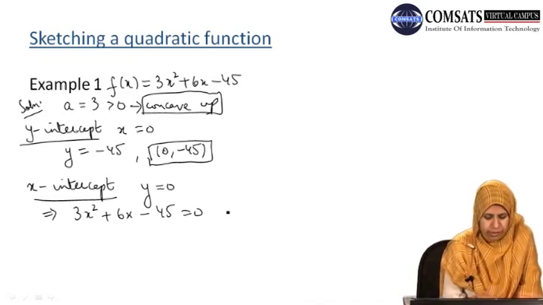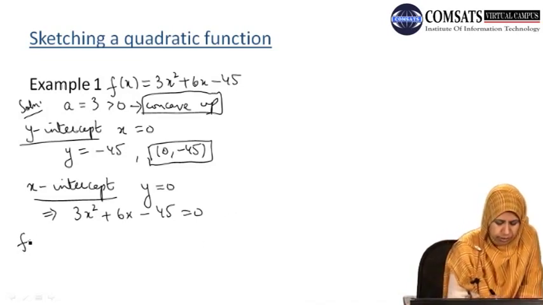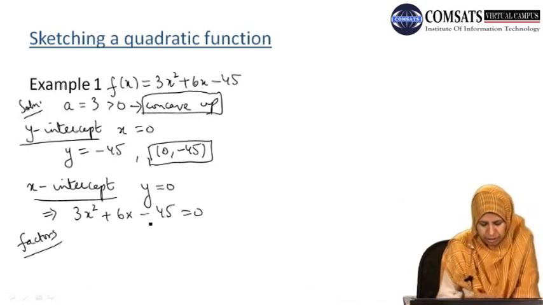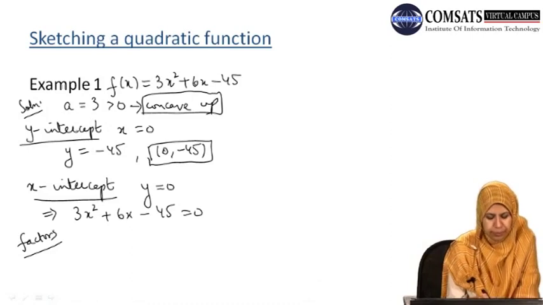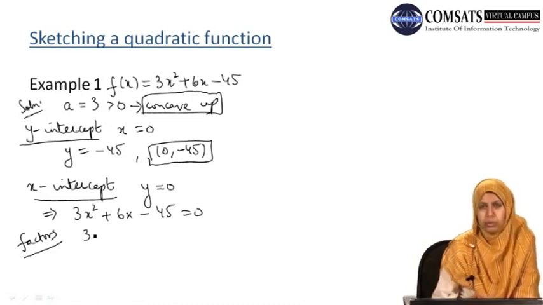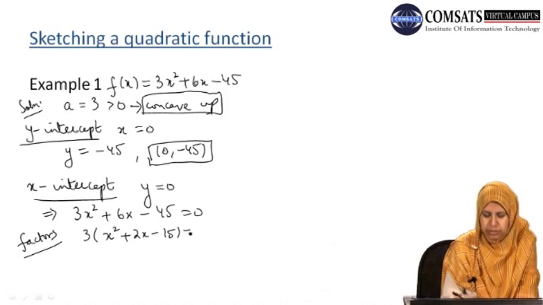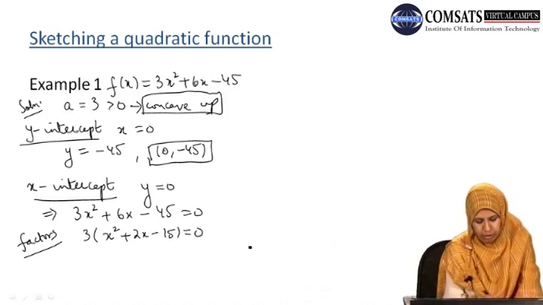Now we will use the factorization method. If we look at it carefully, we can take 3 common from the whole equation, and we are left with x square plus 2x minus 15 equals 0.